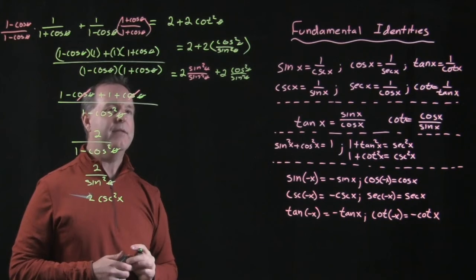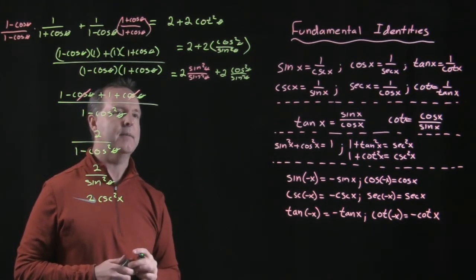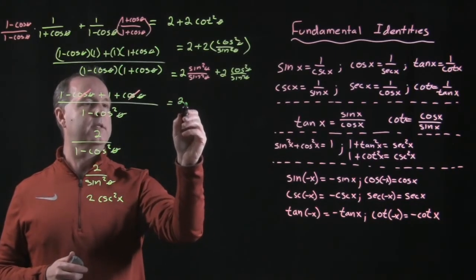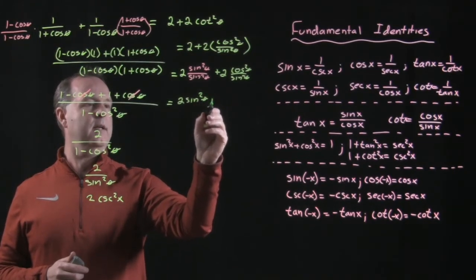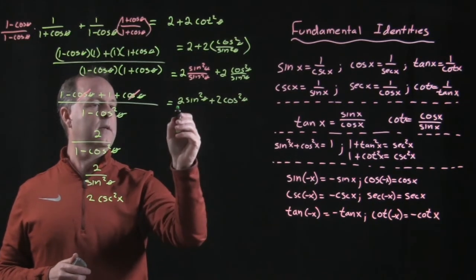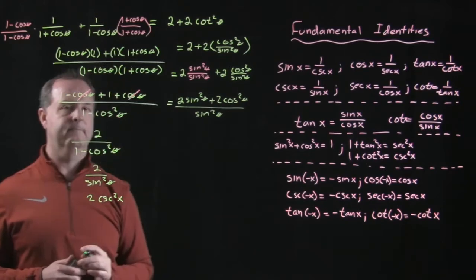So now I can add those terms together because they have the same denominator. So that would be 2 sine squared theta plus 2 cosine squared theta, all over sine squared theta.